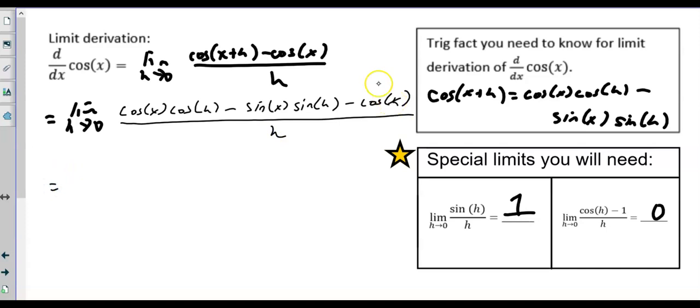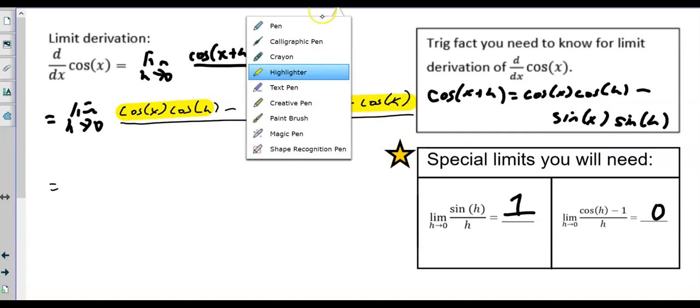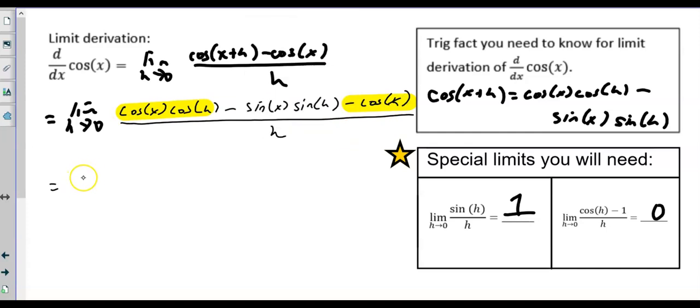Okay, I can take out a cosine x from 2 terms. So I'm going to go ahead and do that. And I'm going to get the limit as h approaches 0 of cosine of x, and now there's left over cosine of h minus 1, and it's all divided by h.